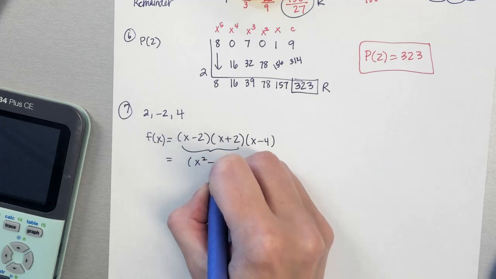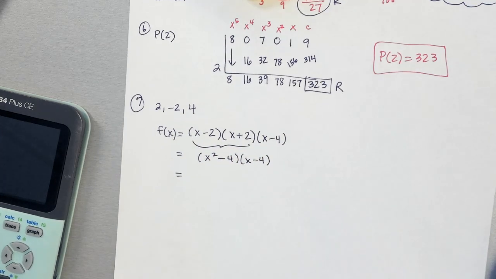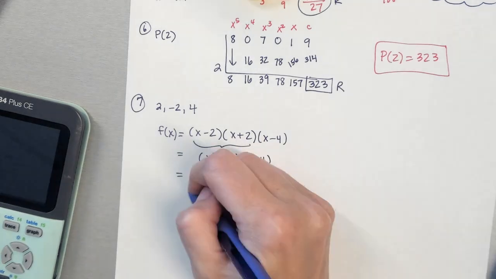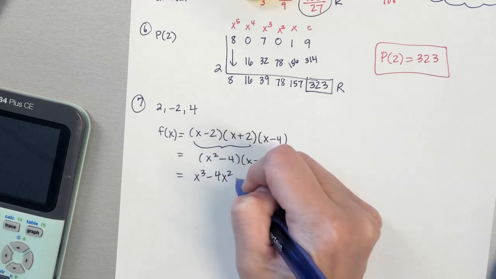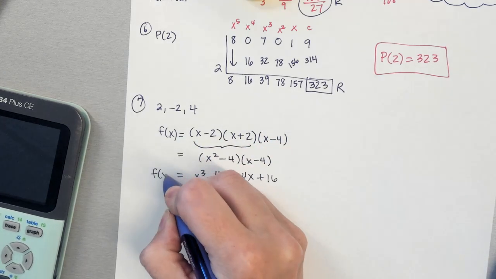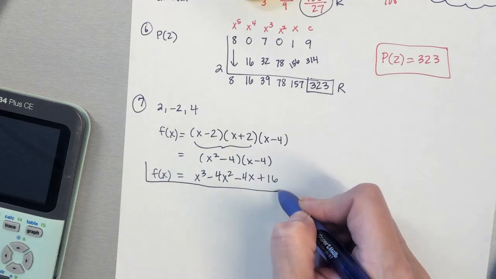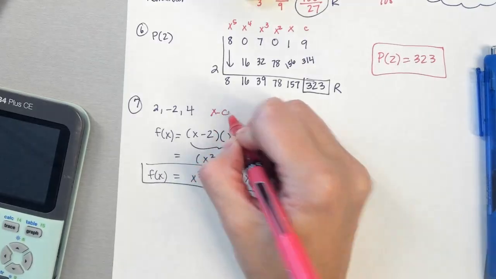So you should have x squared minus 4 times x minus 4. And then guess what? You get to FOIL again. So then you'll get x cubed minus 4x squared minus 4x plus 16. So you're always writing those in factored form. Factored form is x minus c.